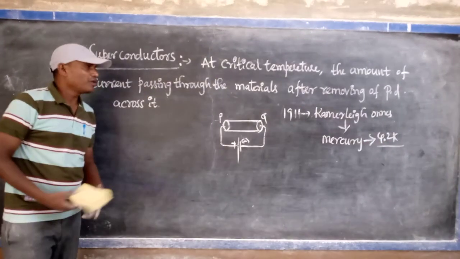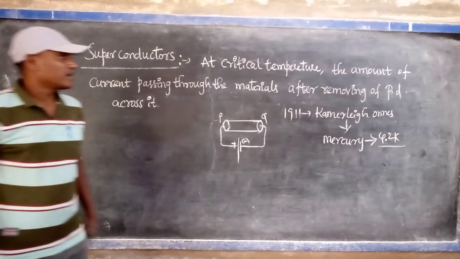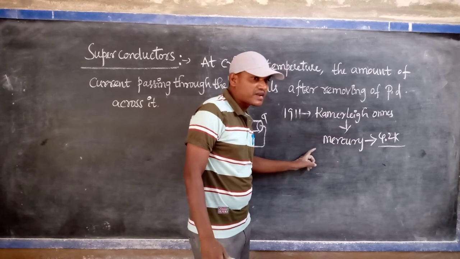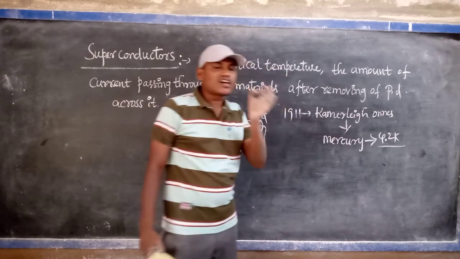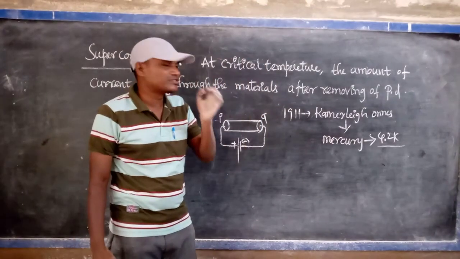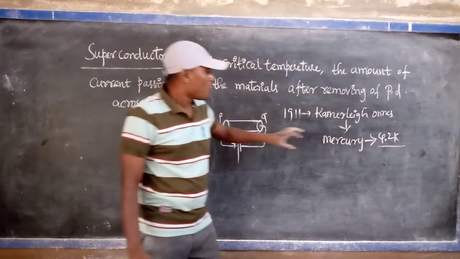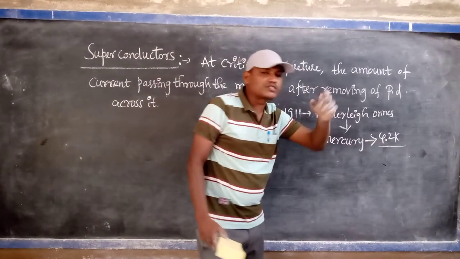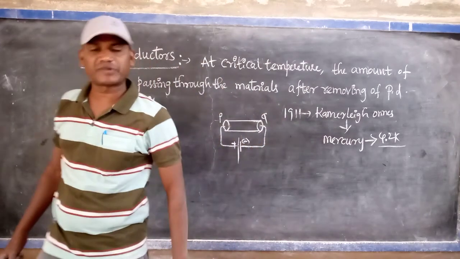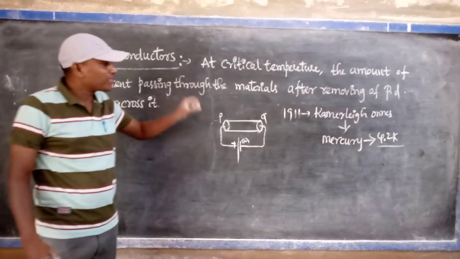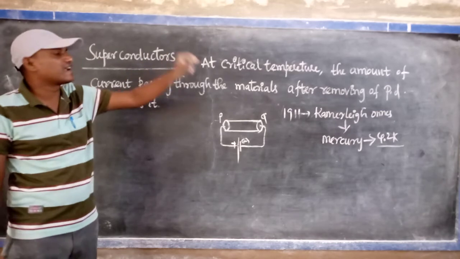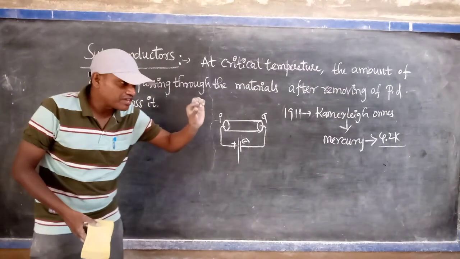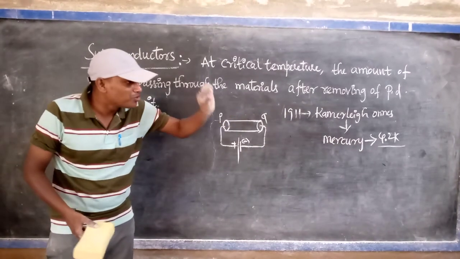So in 1911 the scientist found in his experiment with mercury that if the mercury temperature is decreased to 4.2 Kelvin, at that time mercury acts as a superconductor. Listen very carefully. Mercury at 4.2 Kelvin.